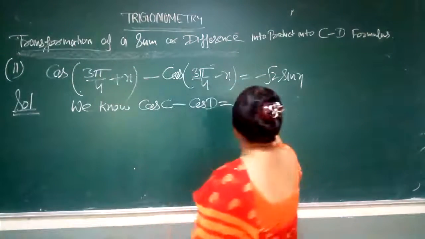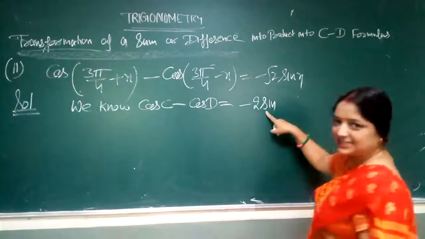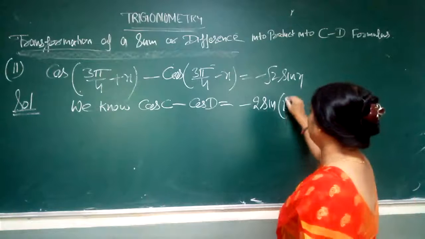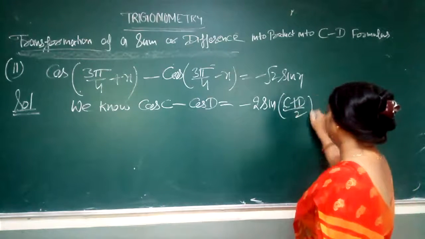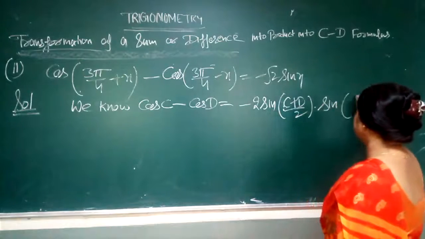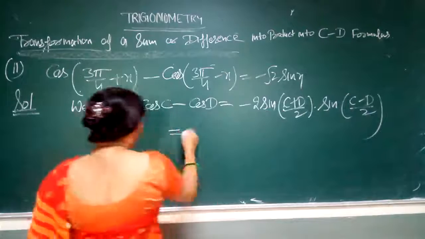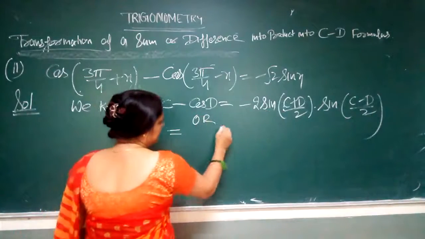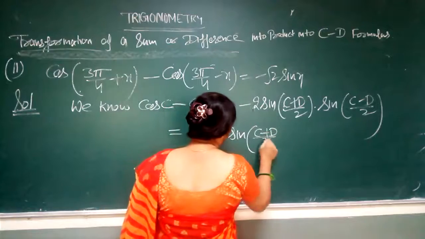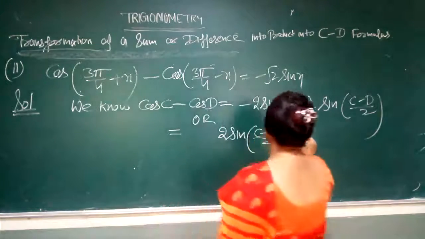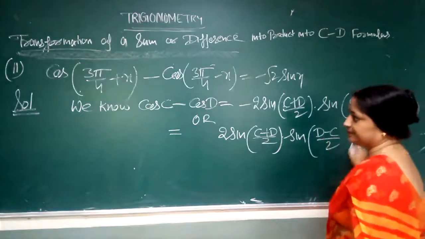So it will be minus 2 sin of C plus D upon 2 into sin of C minus D by 2. Or we can write this formula in this way: 2 sin of C plus D by 2 into sin of D minus C by 2, adjusting the minus sign.